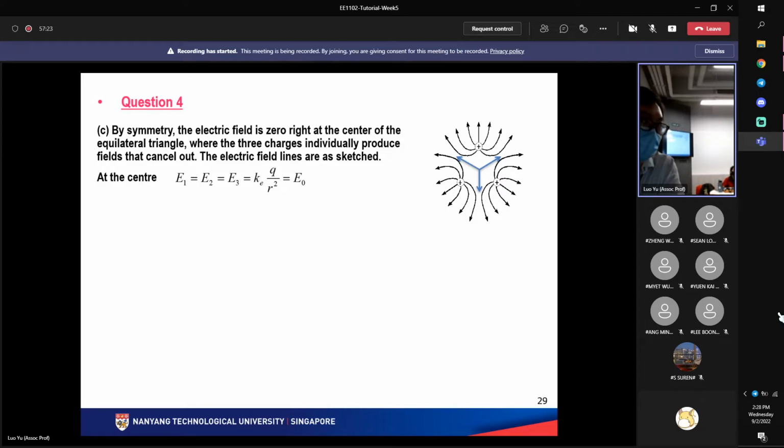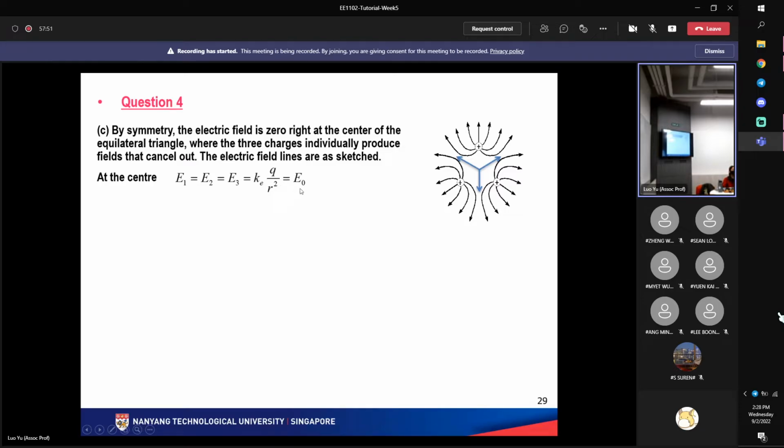Pay attention here. What I do is first apply Coulomb's law to the three charges. Because the distances to the three charges are all the same, the magnitudes E1, E2, and E3 are all the same. I assume this is equal to E naught.